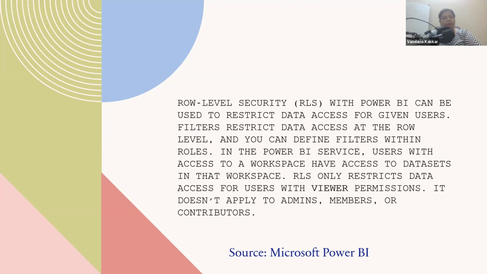One important point about RLS is that when applied, it only restricts the viewer permissions. RLS does not apply to admins. If a person is an admin or a contributor, that person, even if row level security is applied, will be able to see all the reports. So this RLS doesn't apply to admins, members, or contributors.